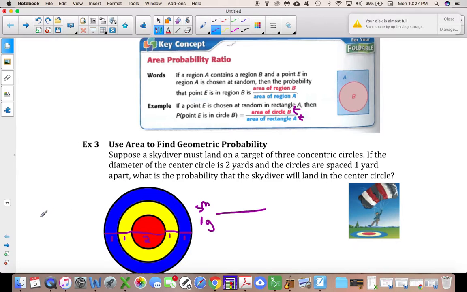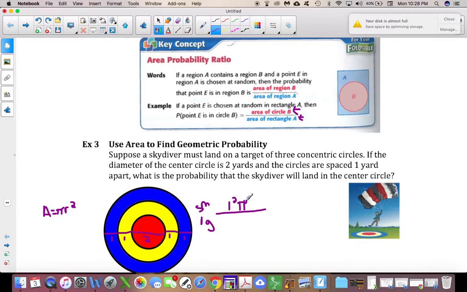So the area of a circle, I give this to you on the back side, but area is pi times radius squared. If you did not know that already, write that down. I'm going to give you all these on the back side. Pi r squared. And then the center circle, because they gave us the diameter, which is all the way across the circle, that's 2. The radius is actually going to be 1. So we have 1 squared times pi, basically, is the area of that top circle.